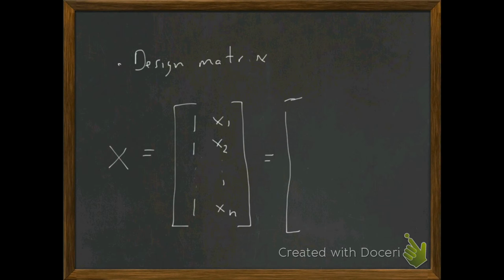Again, our design matrix will look like this. And then there's one I forgot, our error matrix. Well, actually it'd be an error vector.